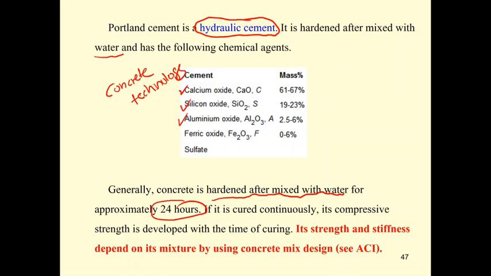That concrete must harden very quickly in order to open the road to traffic. Curing means you provide humidity, water, to the concrete over time. For the hydration process, you need water to continuously develop the strength of the concrete.